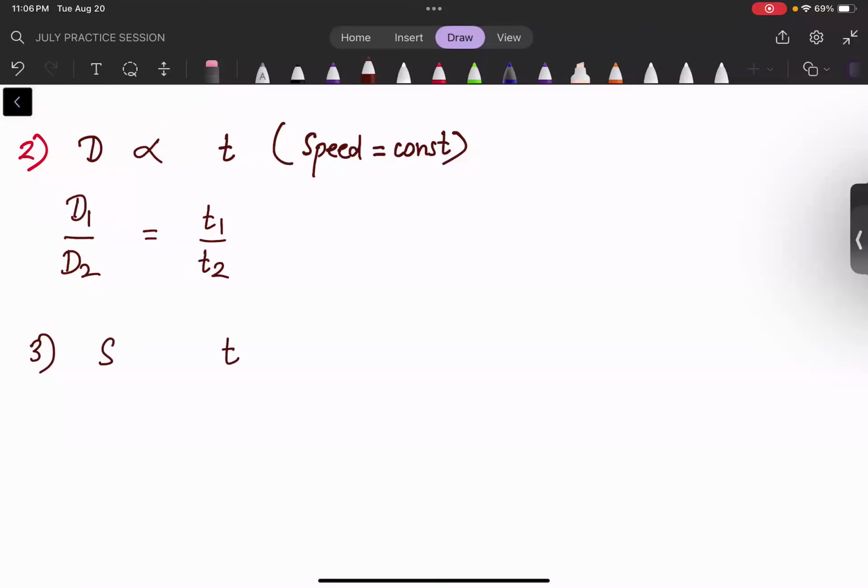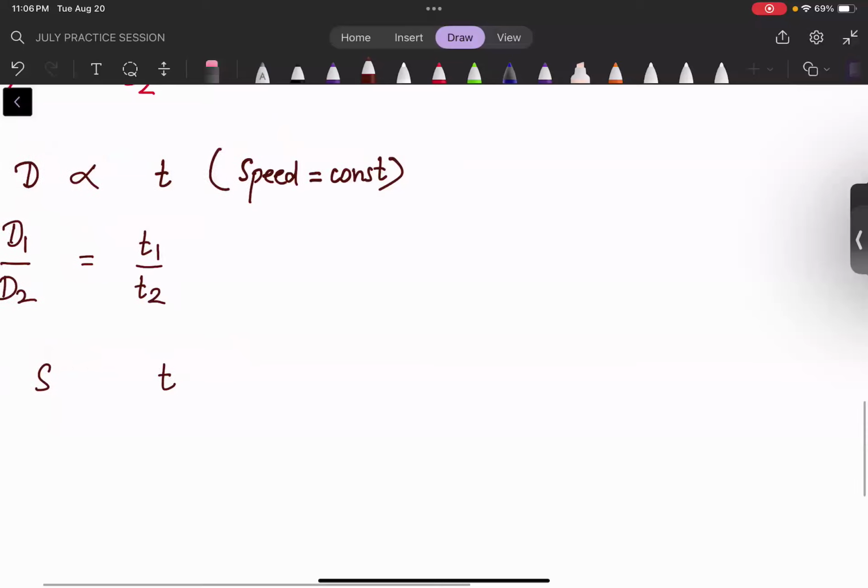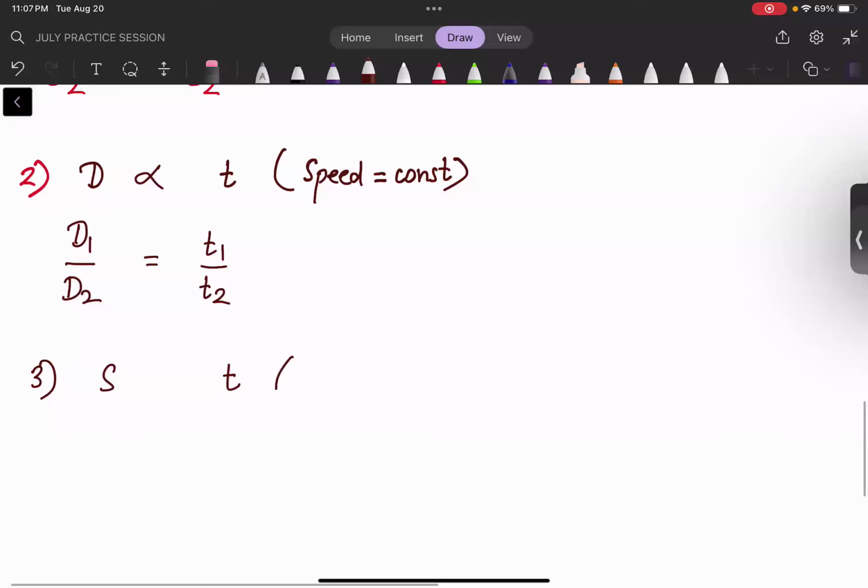Speed and time. If speed increases, will time increase or decrease? And the distance must be constant here. Please remember. So if speed increases, time will decrease. If speed decreases, time will increase. So inverse. How to write inverse?